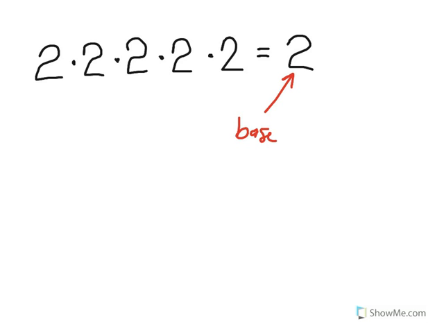And then, to signify how many times we're going to multiply it by itself, we'll write a tiny little number up top. That tiny little number up top is called the exponent. So 2 to the fifth just means you're going to multiply 2 times itself 5 times. That is the gist of what exponents are.